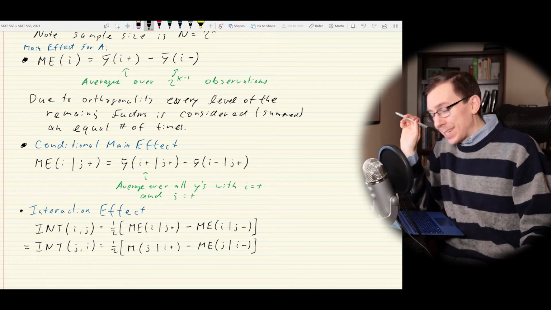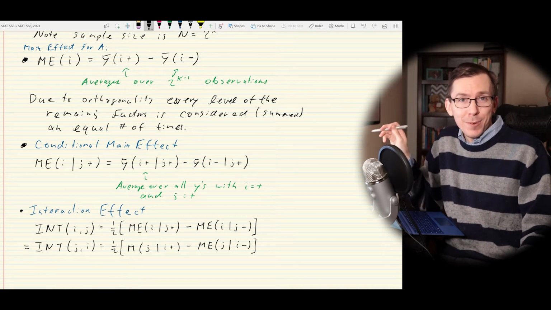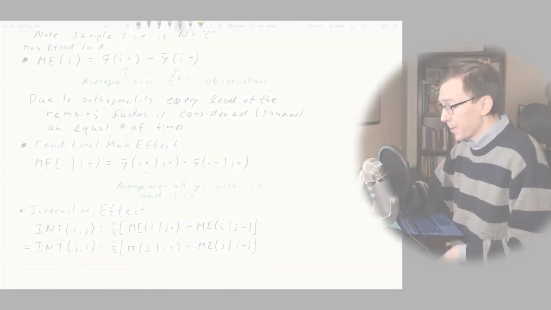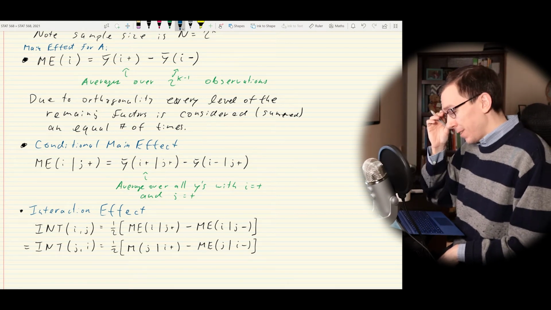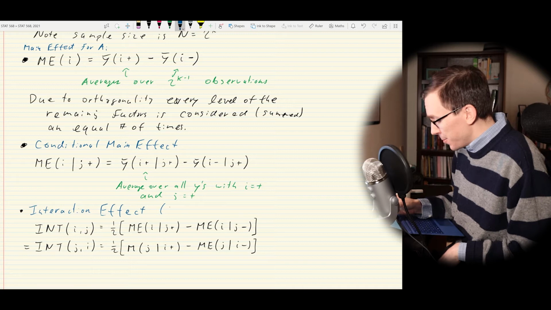Now, that's a two-way interaction. How do we get to three-way or higher? So to get to a three-way or higher interaction, first what I'll point out is that this is two-way.